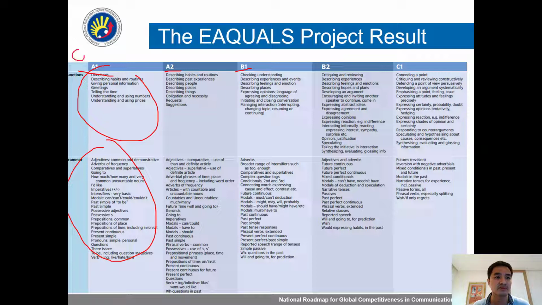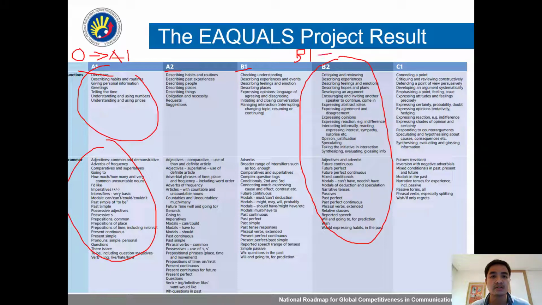So that's from 0 to A1. And then if I have a B1 learner and I need to get him to B2, I'll say, okay, to teach all these skills, we'll get someone from B1 to B2, right? So that's actually how we use the CEFR to teach.